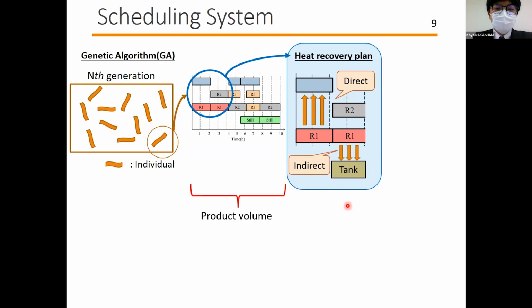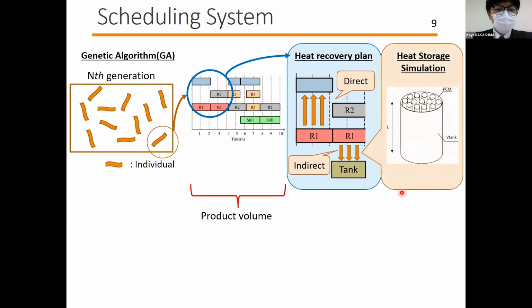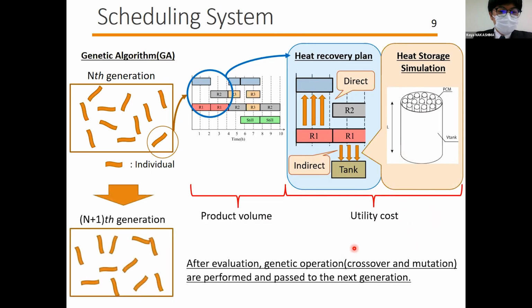During the heat recovery design, if indirect heat recovery is possible, a heat storage simulation is performed. After this heat recovery design, the cost of utility for running the schedule is determined. These are performed on all individuals of generation N, and all individuals are evaluated in terms of product volume and utility cost. The next generation is then created by genetic operations such as selection, crossover, and mutation.